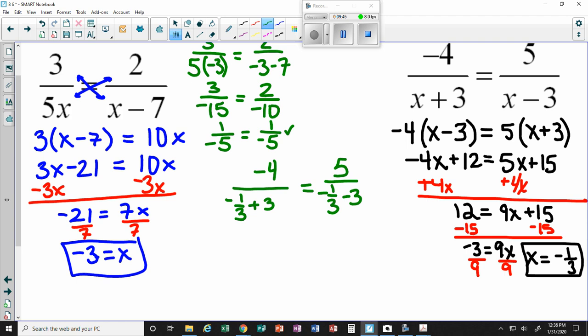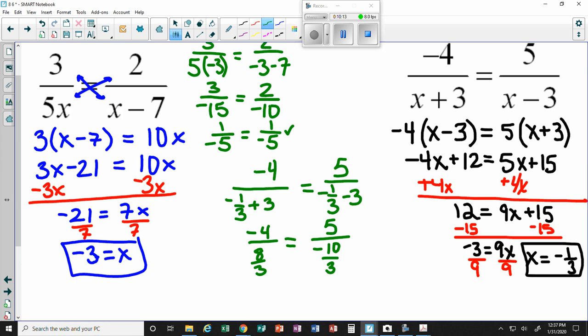So if I have negative 1/3 plus 9/3, I'm going to get what? 8/3. Okay? 5 over negative 1/3 minus 3/3. So we said 3/3 is 9/3. So what's negative 1/3 minus 9/3? Negative 10/3.